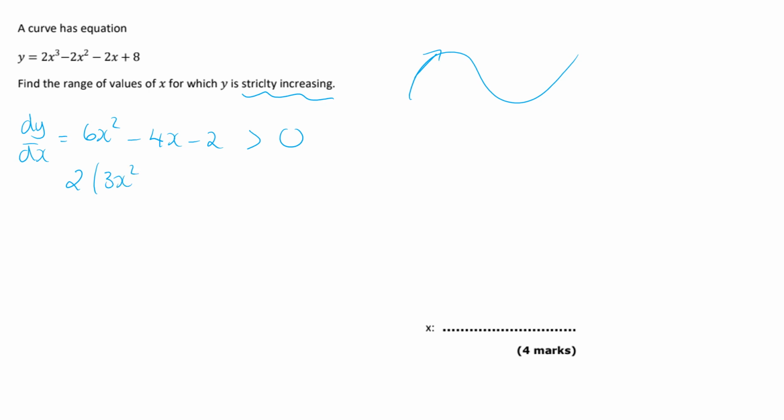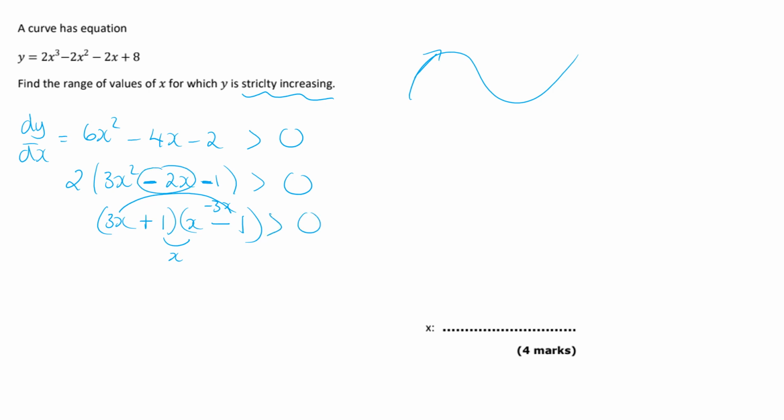Have 3x squared minus 2x minus 1. Now this factorizes 3x and x, I need signs to be different, but I need a 1 and a 1 to make that one. I need more negatives, so if I make that minus and that plus, that will give me minus 3x and plus 1x, and those two together will give me the minus 2 in the middle.